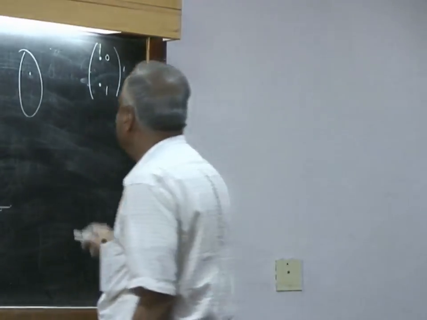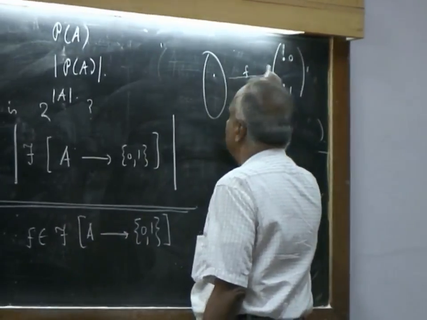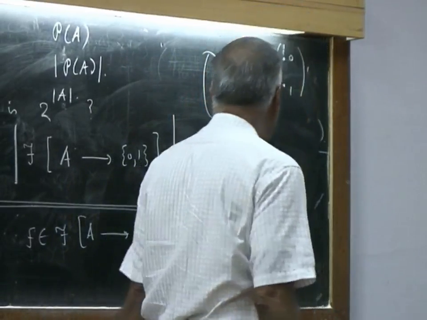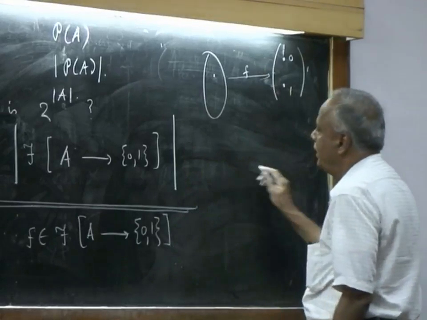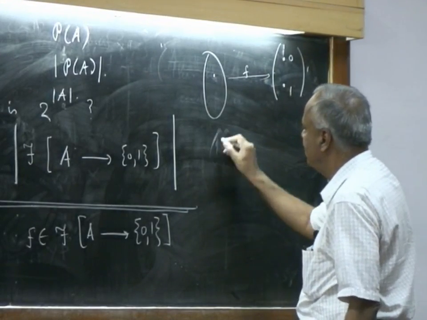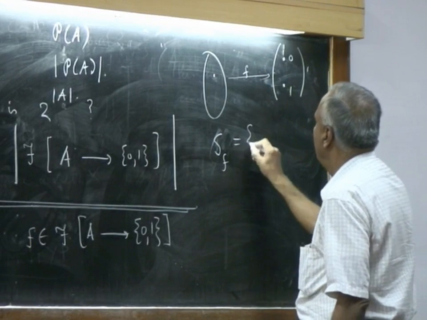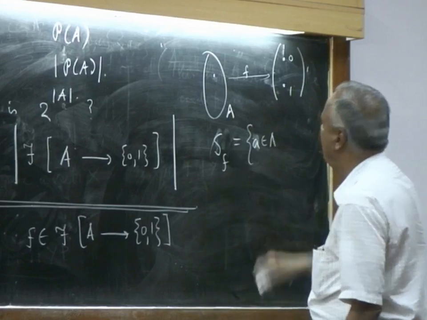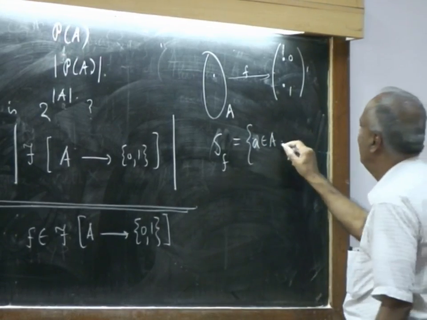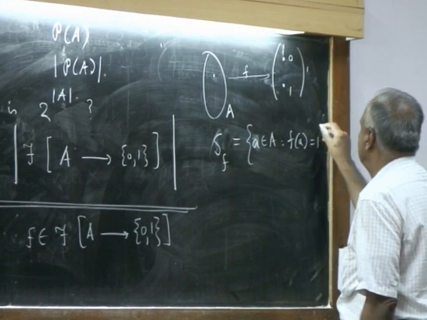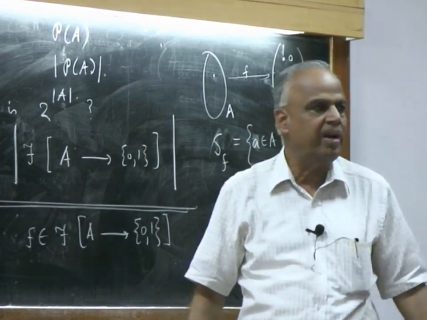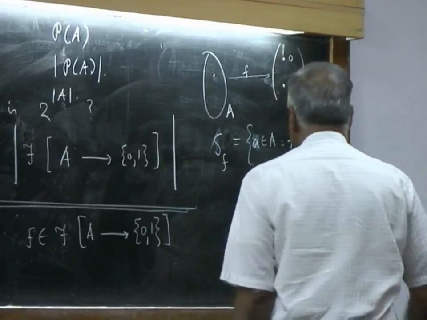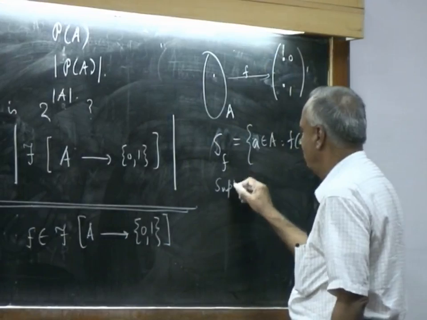So f can take each element x to either 0 or 1. Now I take the following set: all those elements in A for which f(a) is equal to 1. That is those points where it does not vanish. At other points it vanishes. And this is called the support of f.